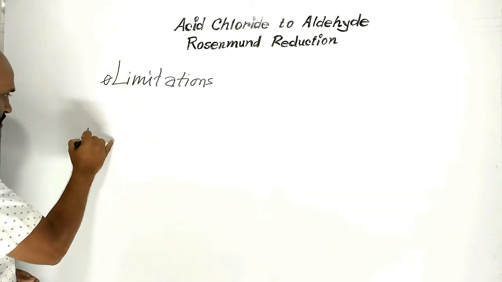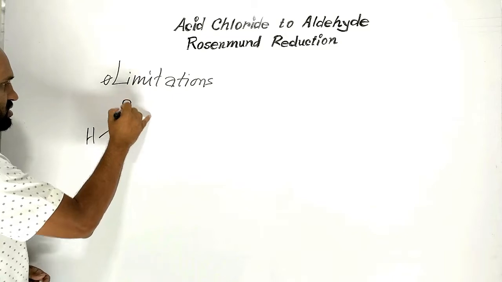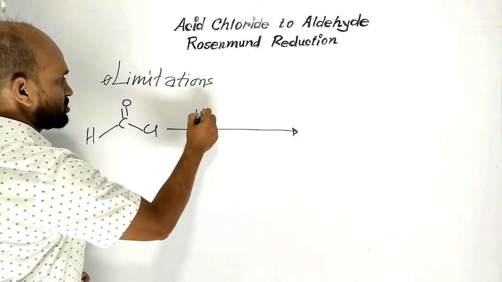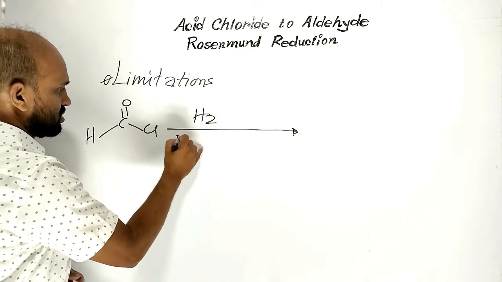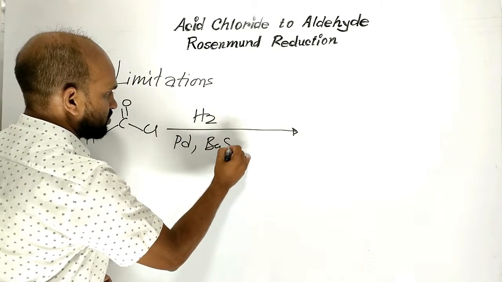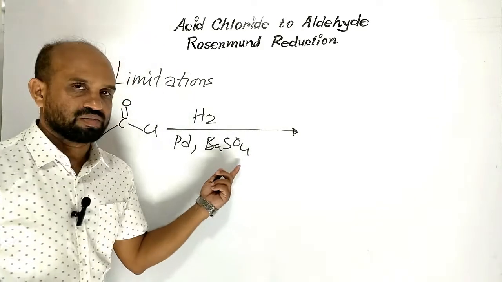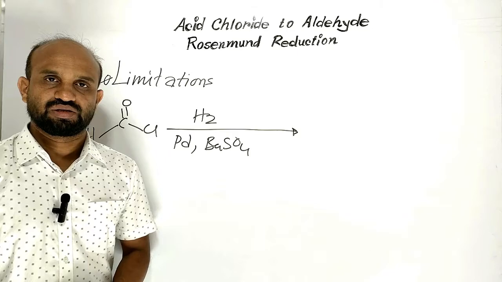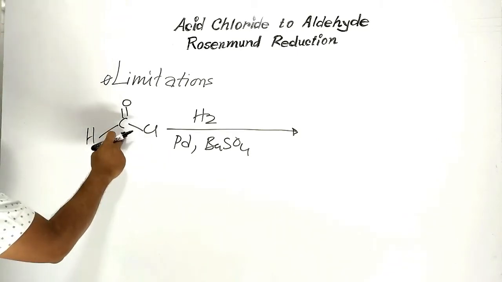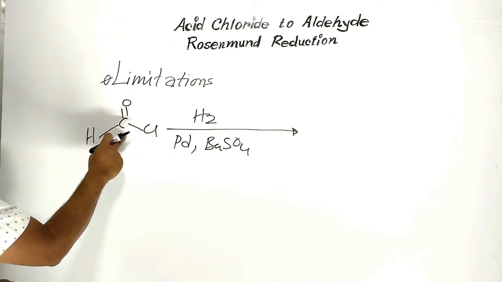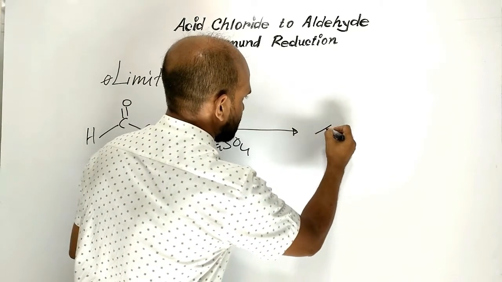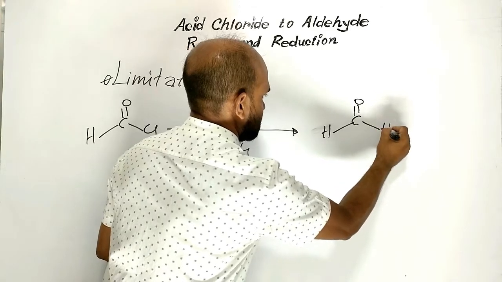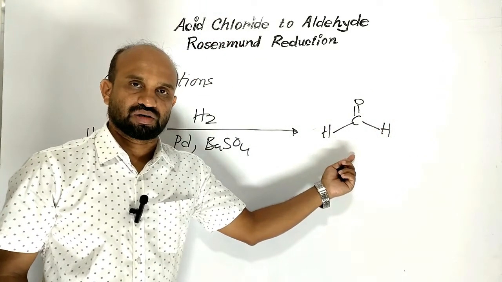Here, this is formyl chloride. When formyl chloride is treated with hydrogen, palladium, and barium sulfate in the presence of xylene solvent at a temperature of 144 degrees Celsius, then formyl chloride is supposed to convert to formaldehyde through Rosenmund reduction.